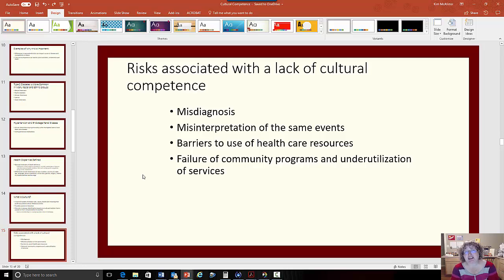A friend of mine shared that her hospital, this was a hospital in South Texas, had a complete redecoration of the OB unit and the patient rooms.